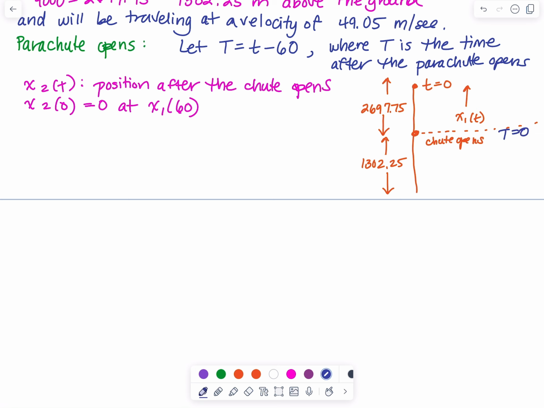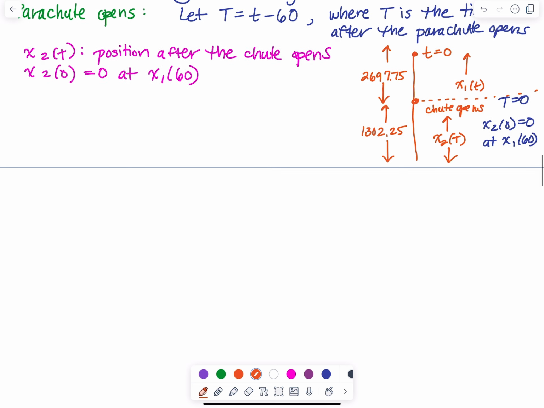It's also where we're saying x2 of 0 is going to be equal to 0 at x1 of 60. Okay, and then this second part is going to be x2 of capital T. So that will be that location at any time, capital T.